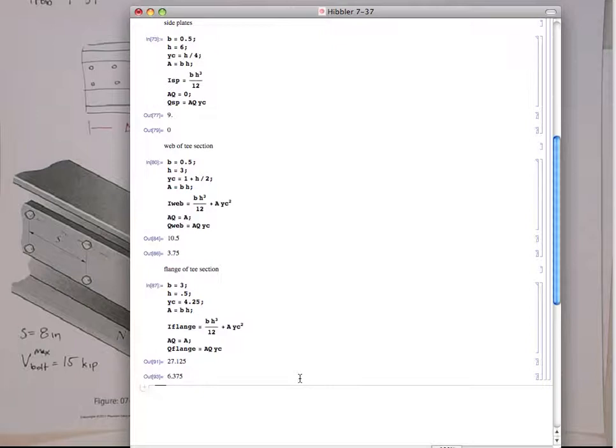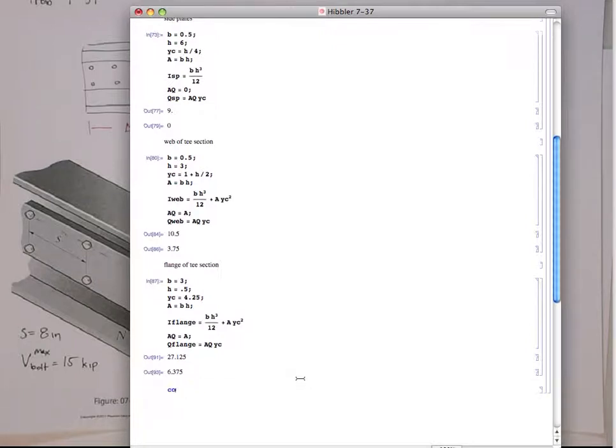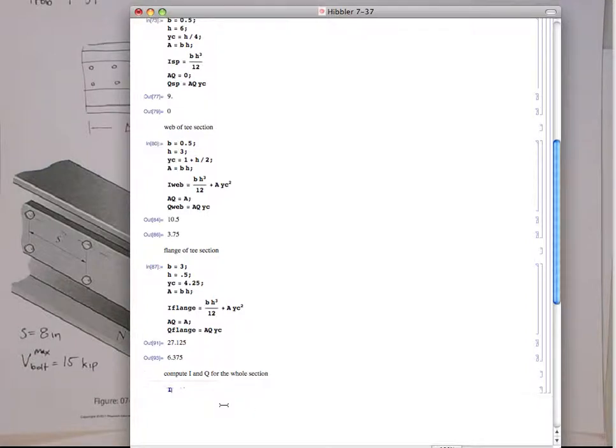So let's now compute I and Q for the whole section. Okay. So I, we have to call it I total because I is a reserved character in Mathematica.